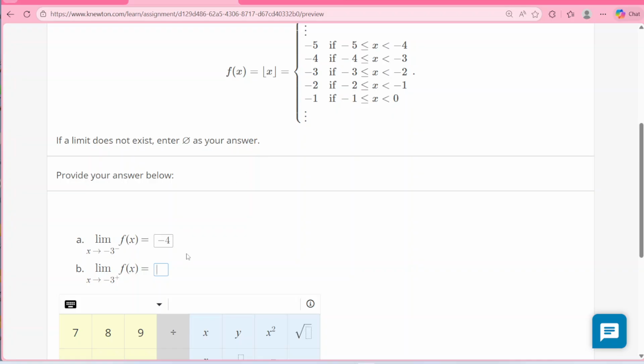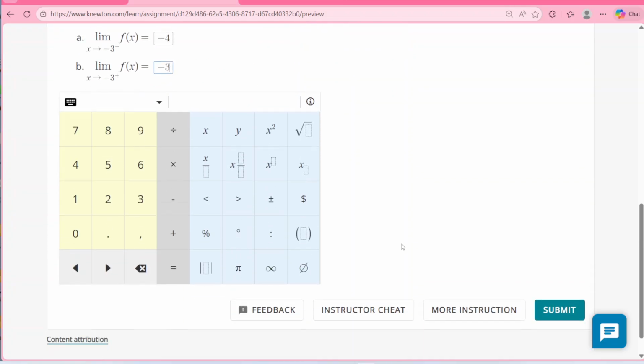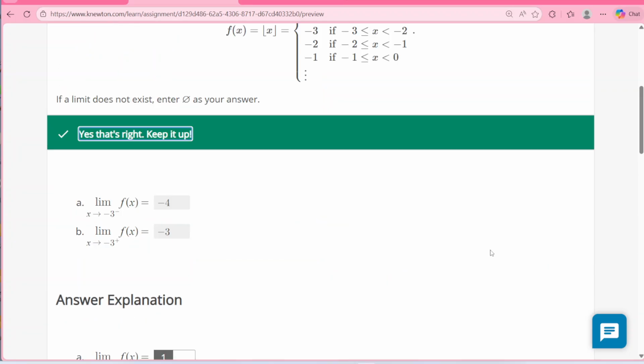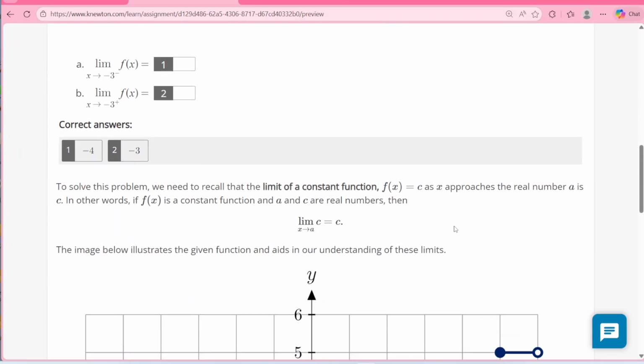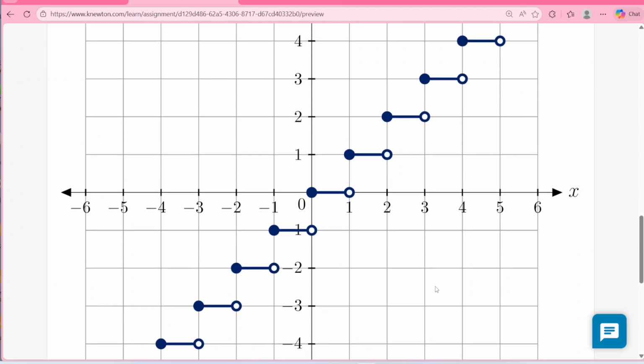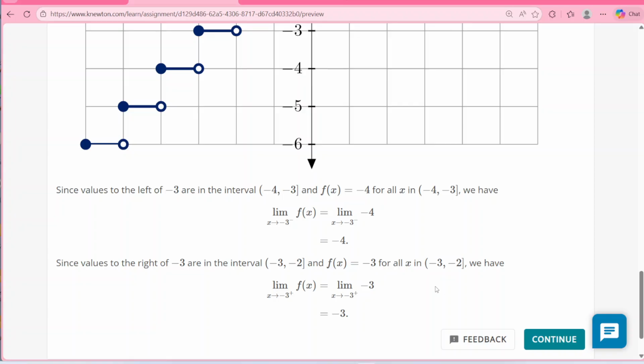In that case, the output is -3. So left side -4, right side -3, and submit. It's really, really simple, that one. And they show you a picture here. See how there should be open points at the right ends. Great.